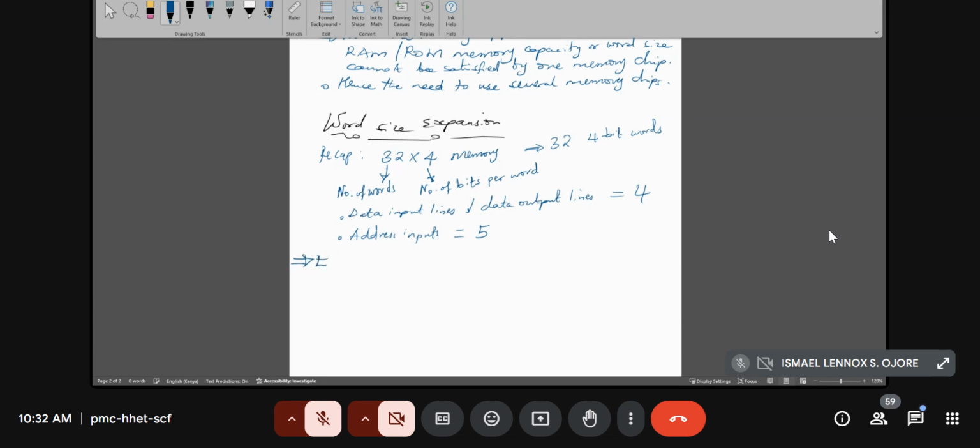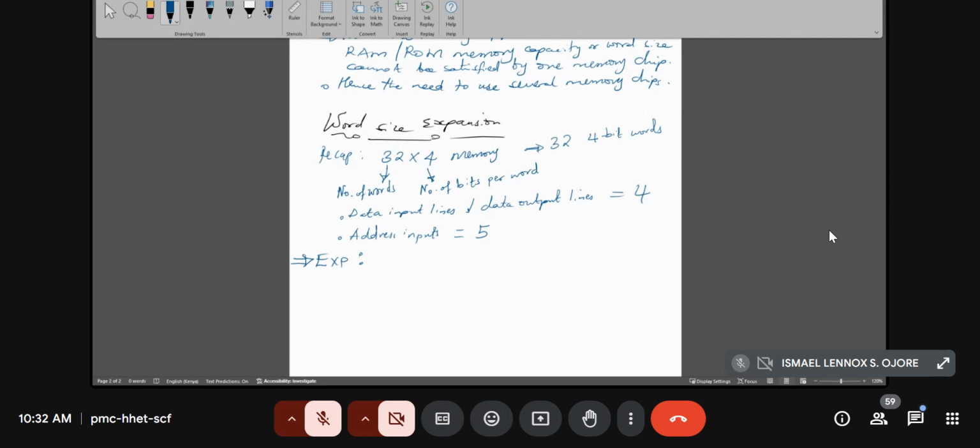So let us look at an example. Essentially, the word size expansion is, for example, here you have a memory chip that can store 4-bit words, but you want to store 8-bit words.